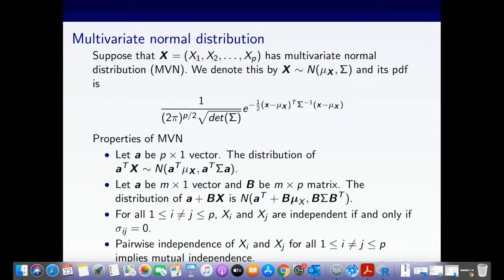Yes, Rao? X is a column vector where we have p rows and one column. Yes, A is a column vector, but A transpose is a row vector. Okay.